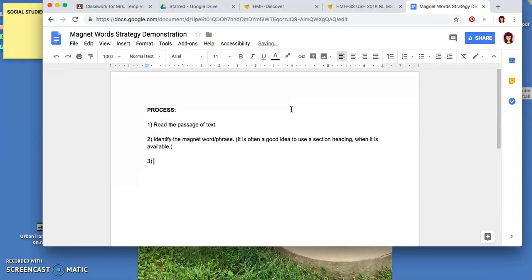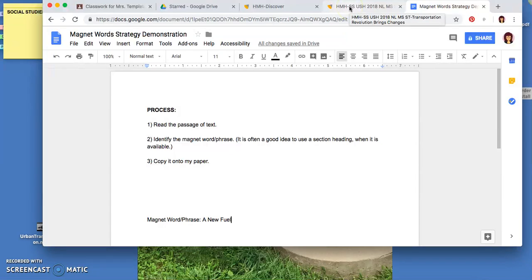After I've identified the magnet word or phrase, I'm going to copy it onto my paper or my document, whatever you're using. So I'll just go down a little bit here. And I'm going to type that my magnet word or phrase is a new fuel.